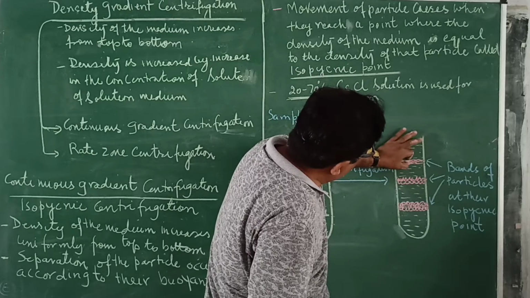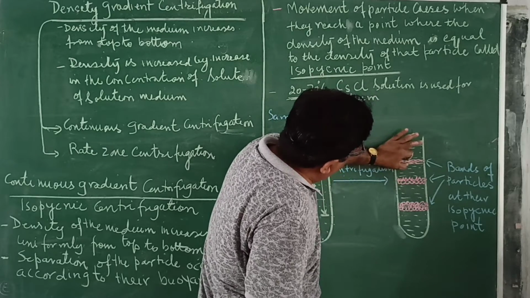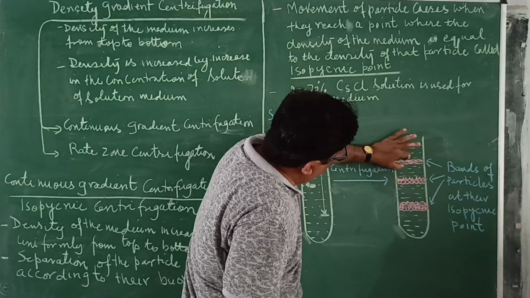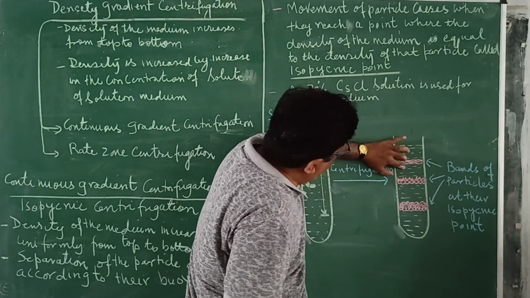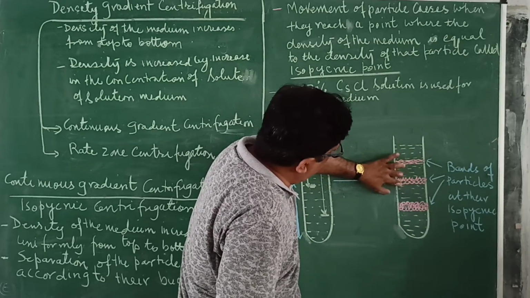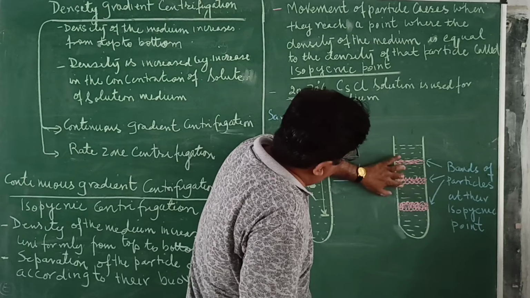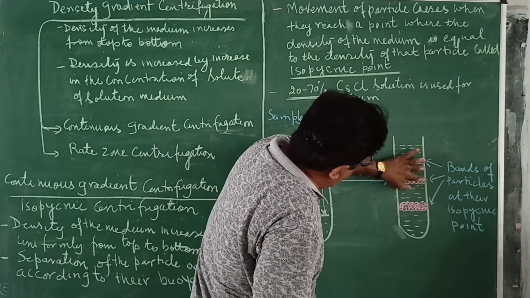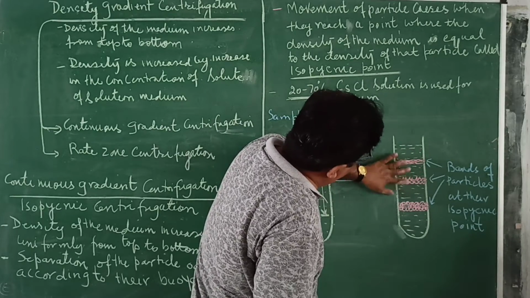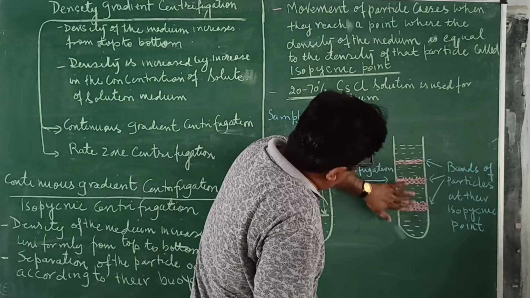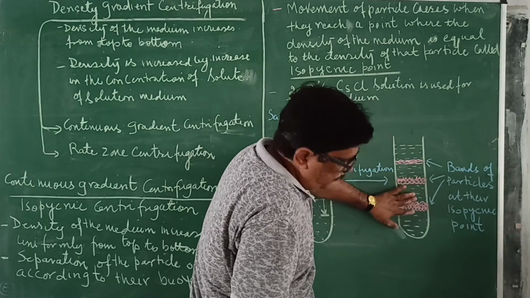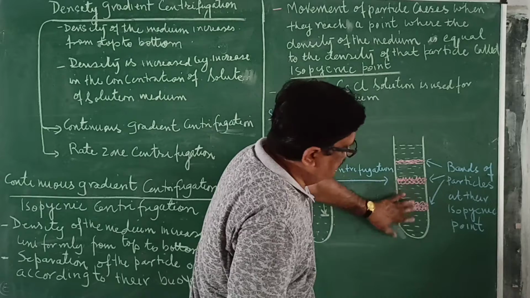That means this is the smallest, lightest particle having the least density. This band has a denser particle, this is the band of particles having a density greater than this one, and this has the maximum density. Particles having the maximum density.